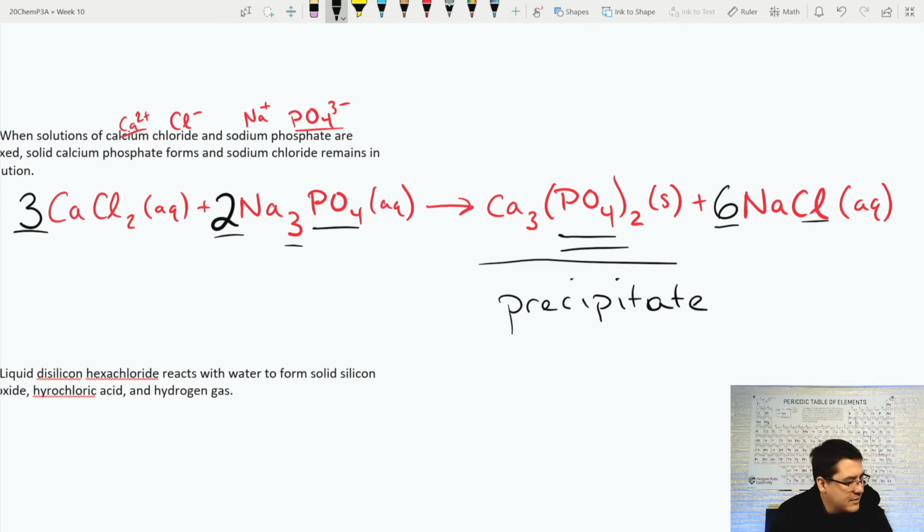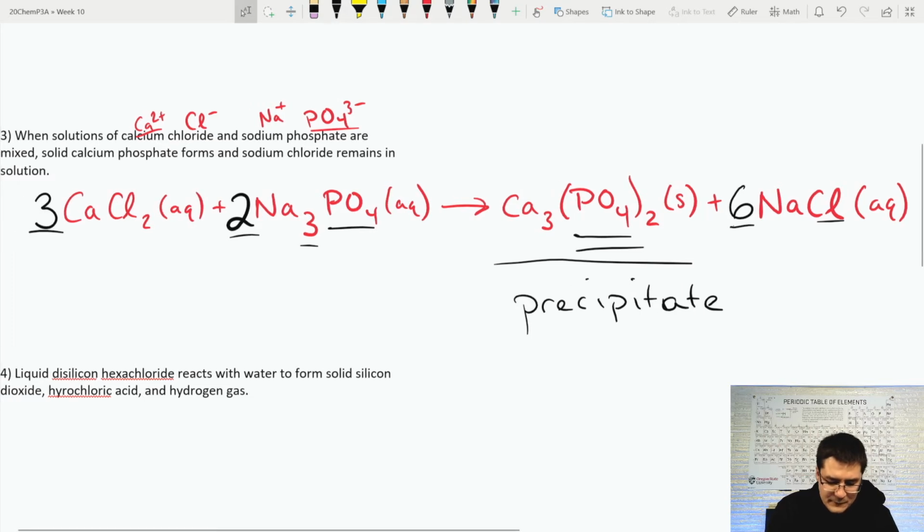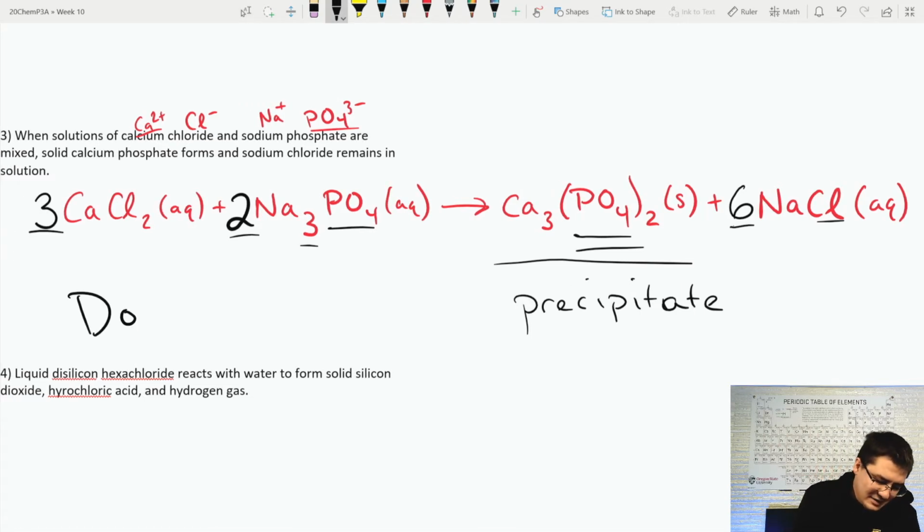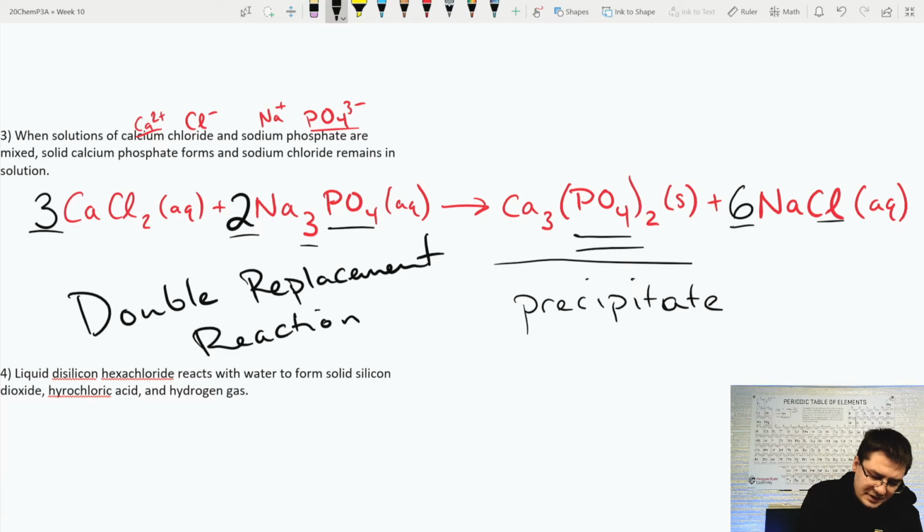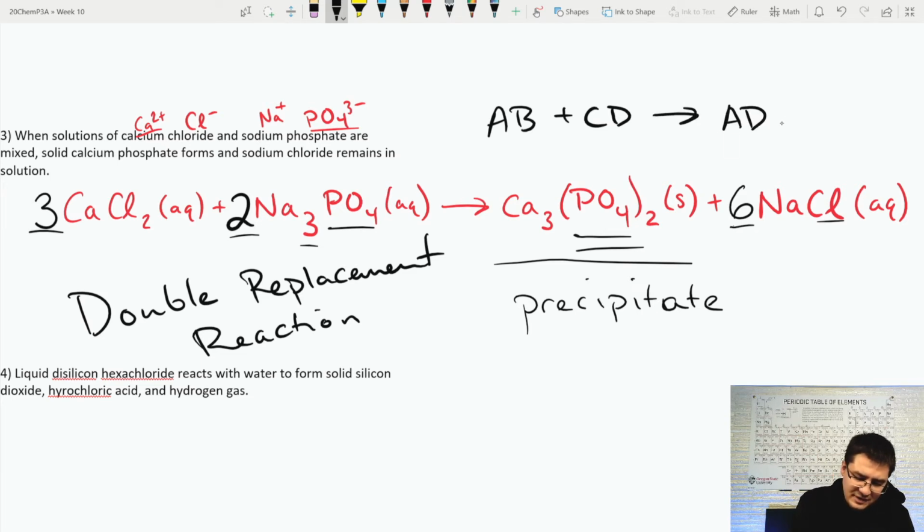Okay, and we know that that's the solid. That's the cloudy stuff we'd see in solution when those two reactants combine. That's also called, just because we're talking about it in class, a double replacement reaction or a precipitation reaction, and they usually are in the form AB plus CD goes to AD plus BC.